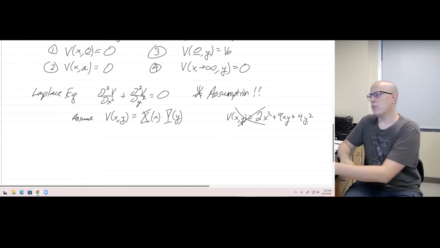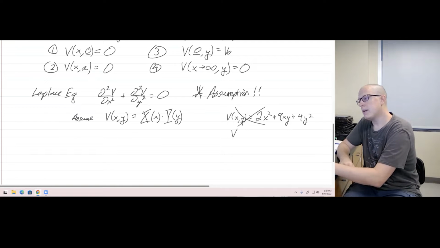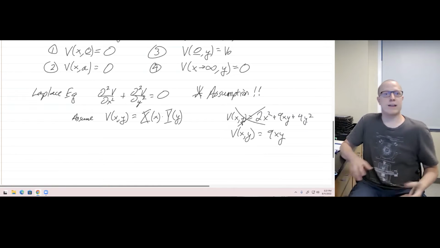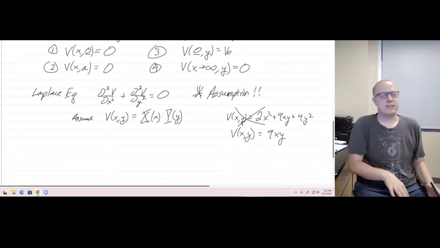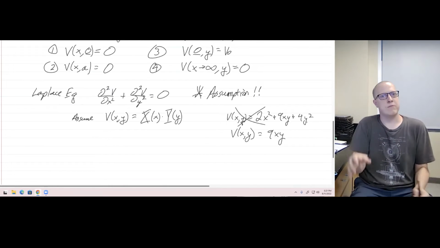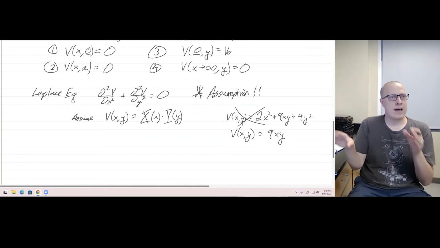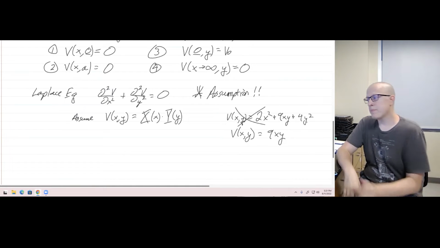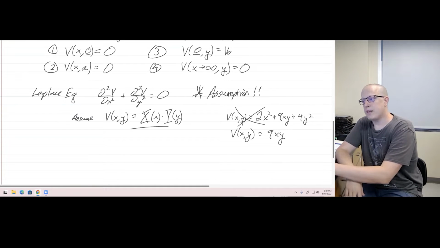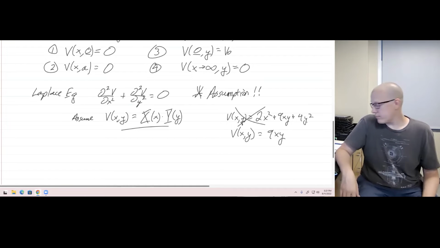It could just be 9xy, and that would be fine, because maybe 9x is one side and the y is the other side. But when it's mixed together like that, it would not work with this assumption. So we're going to assume that it looks like this.